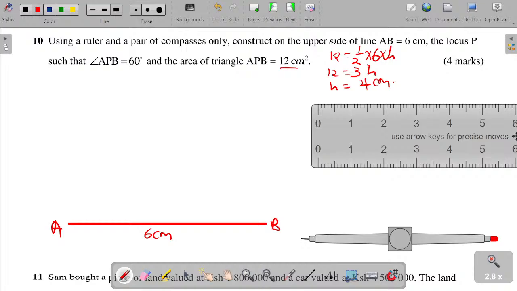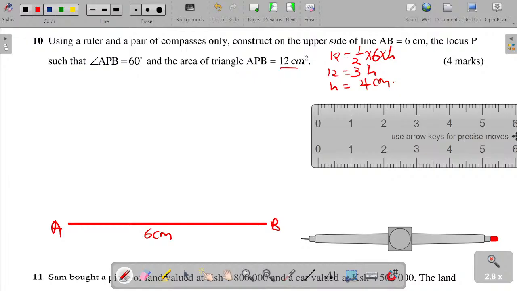Do you remember that property? Very, very important for you to know it. How are we going now to construct this loci?